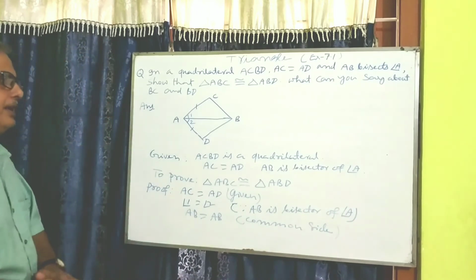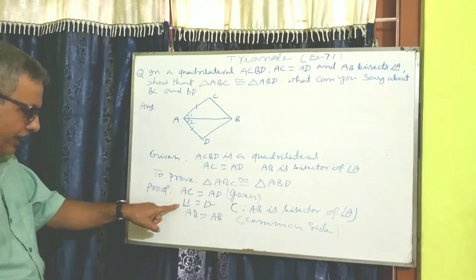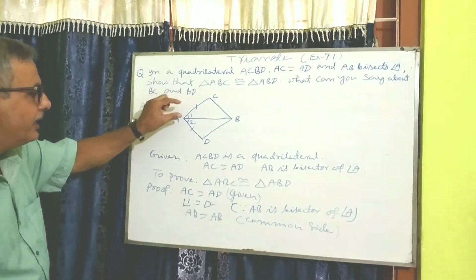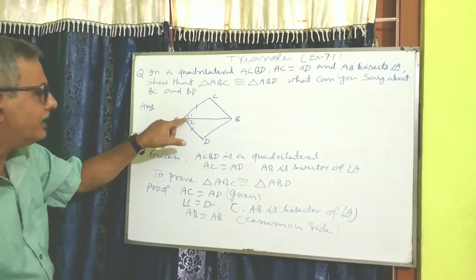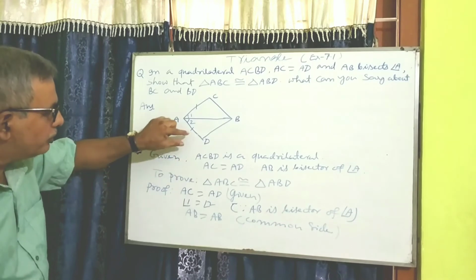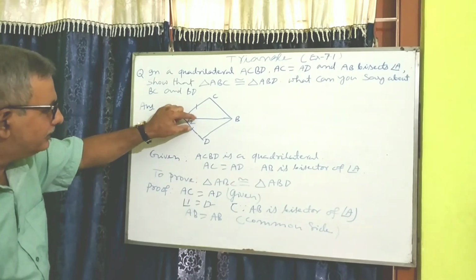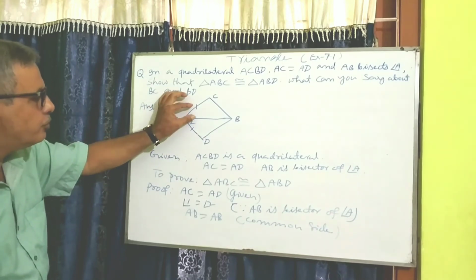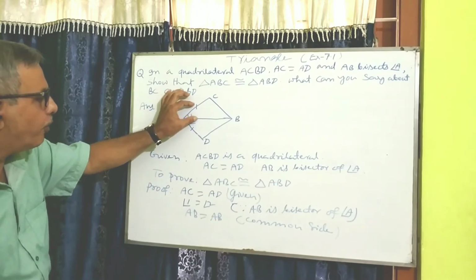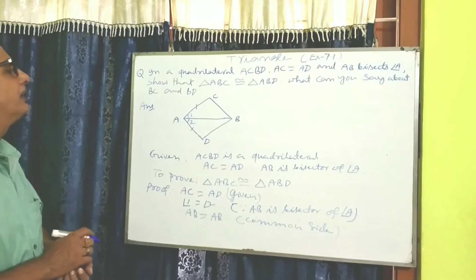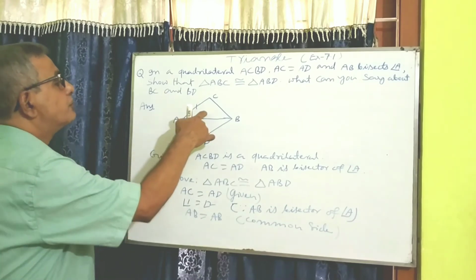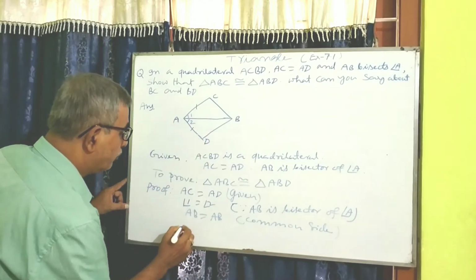Do you understand? Side, angle, side. In this triangle, two sides and the included angle are equal to two sides and the included angle of the other triangle. Therefore, these two triangles are congruent.